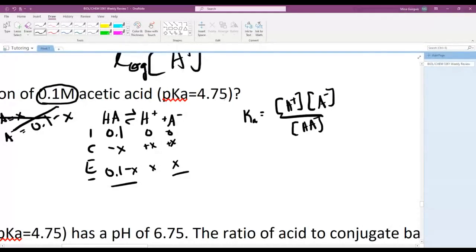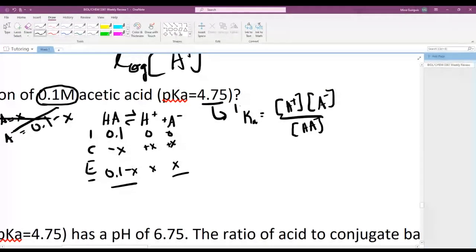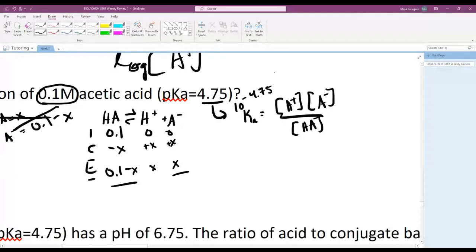Well, what's Ka? Ka is 10 to the negative 4.75, okay? I know the answer to this one. It's about 1.8 times 10 to the negative fifth. Obviously, we would plug it into our calculator though.